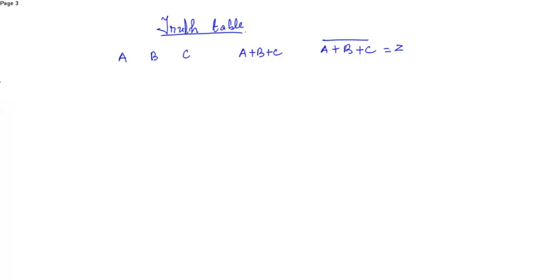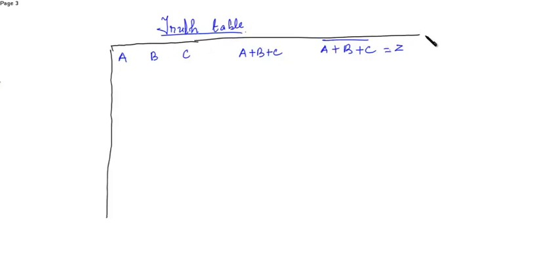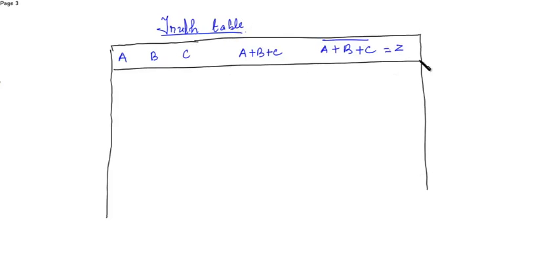Now this is in the table form. Put 0, 0, 0.